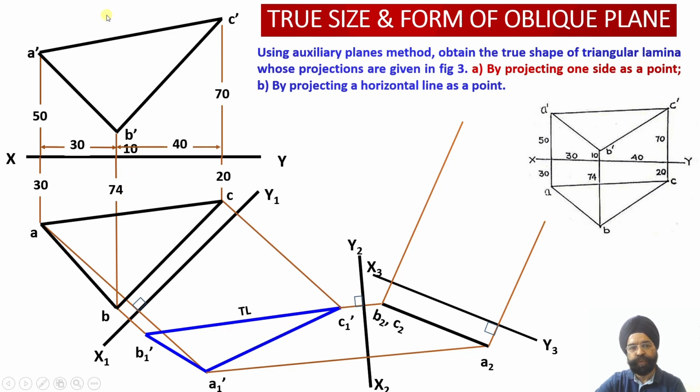Since this was elevation, this was plane, this was elevation, this was plane, here I will be drawing the elevation. If I have to draw the elevation, the distances of the previous elevation from the second auxiliary plane will be required.